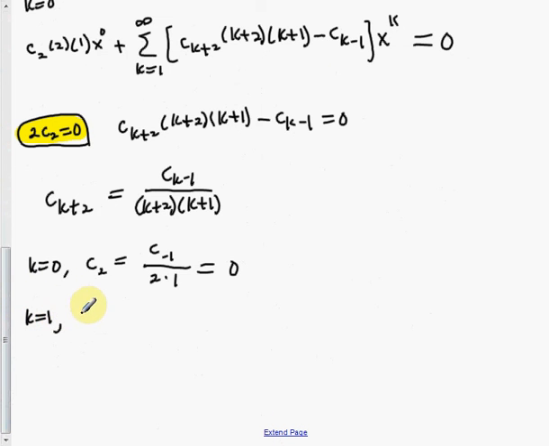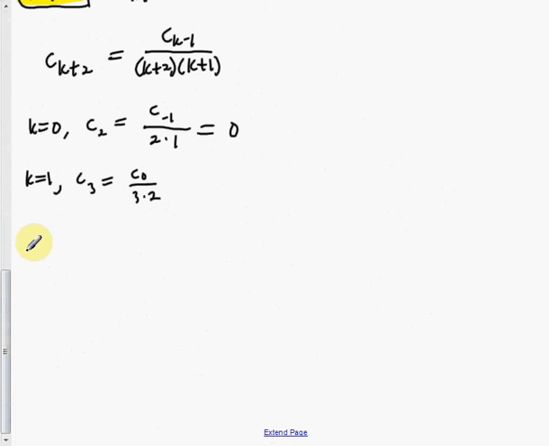If k is 1, we get c sub 3, and this is c sub 0, because this is c sub 1 minus 1, c sub 0, and this is 3 times 2. If k is equal to 2, just take your time. C sub 4, this is c sub 2 minus 1, that's c sub 1, all over 4 times 3.